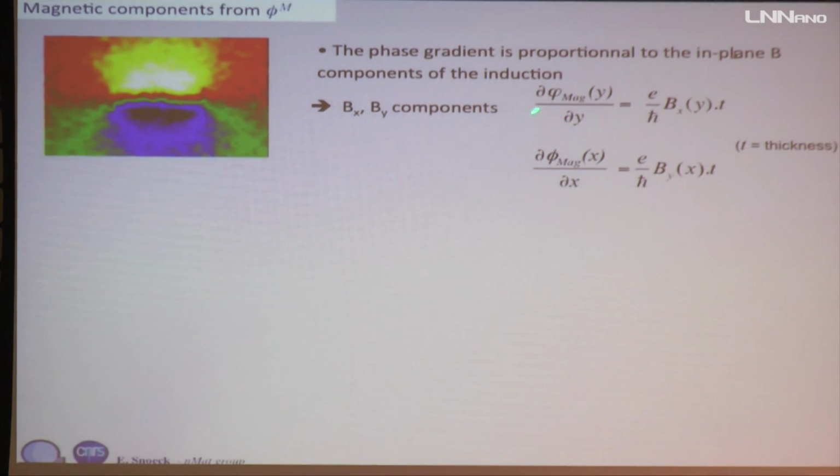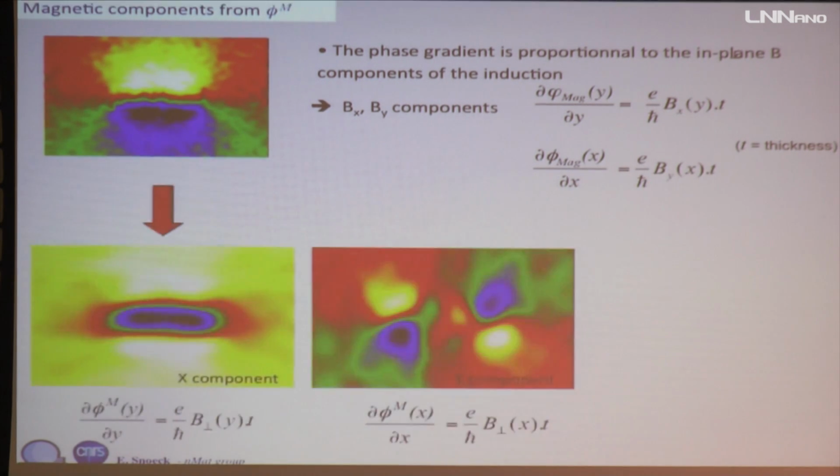You see that if you take the gradient of this magnetic image along the y direction, you get the x component of the magnetic induction. And again, if you take the gradient in the x direction, you get the y component of the magnetic induction.